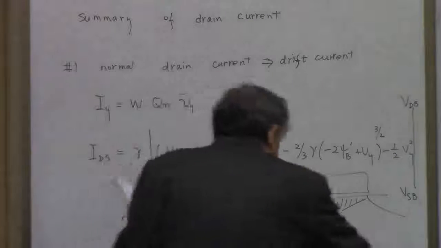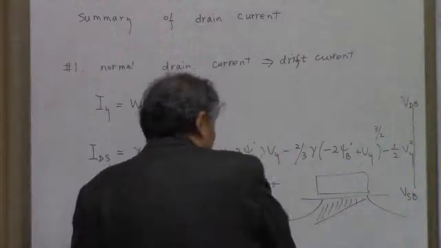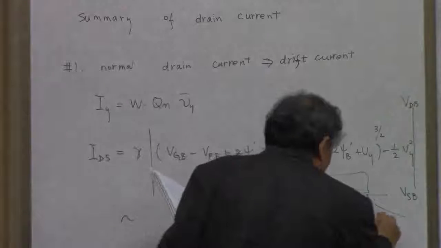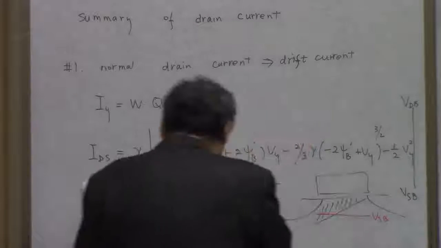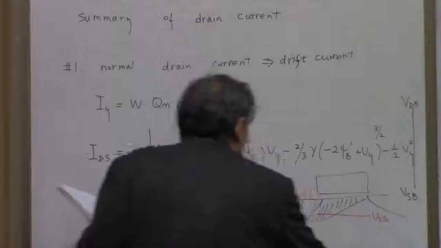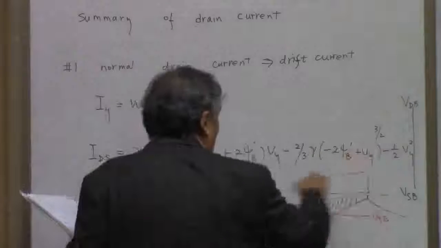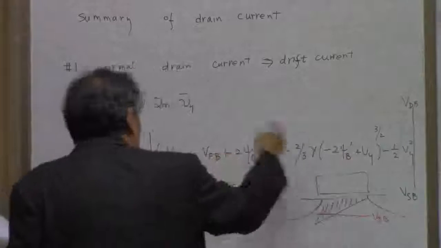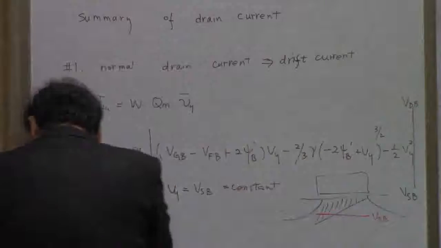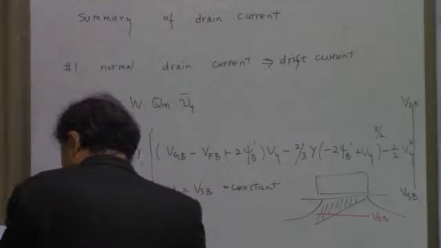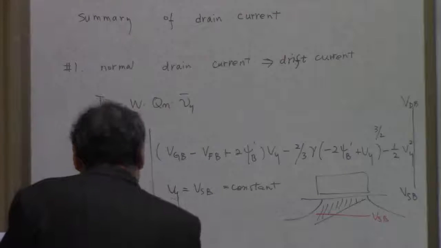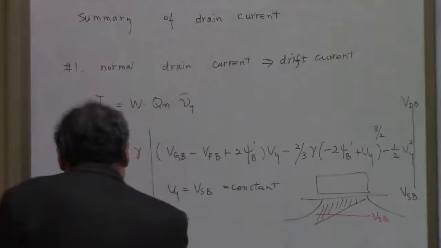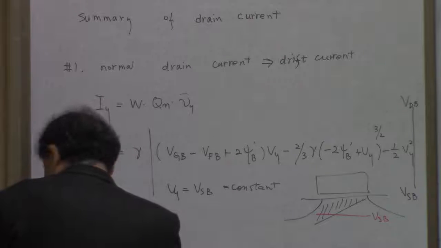We just assume that it is a constant value, like Vsb. Then this integration part becomes a constant, so that it may be included in the constant part, so that the whole thing becomes very simple.